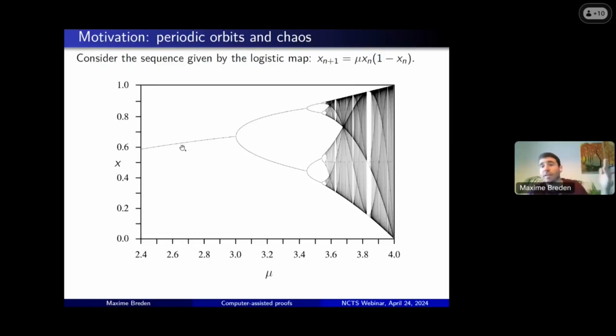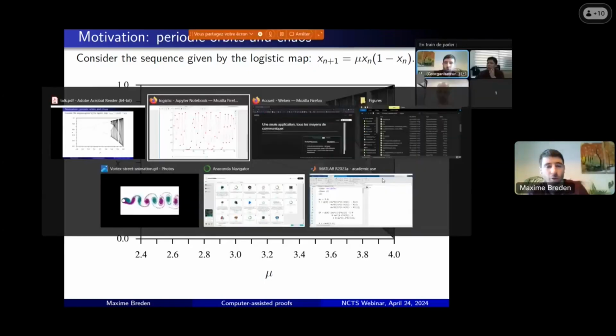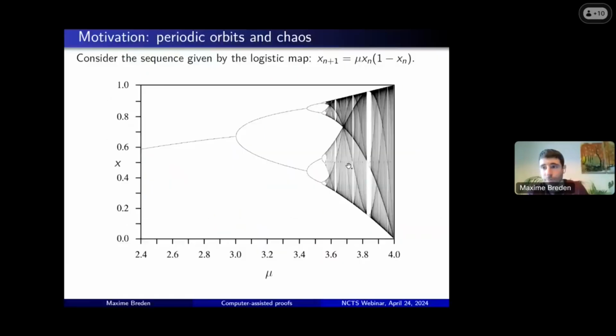This corresponds to what we saw when the sequence converges. Then you have two accumulation points. So you have the period 2 orbit, period 4 orbit, and here to the right, you have these regions where apparently the sequence goes all over the place. There are accumulation points almost everywhere, which is a bit what we saw on this picture, right?